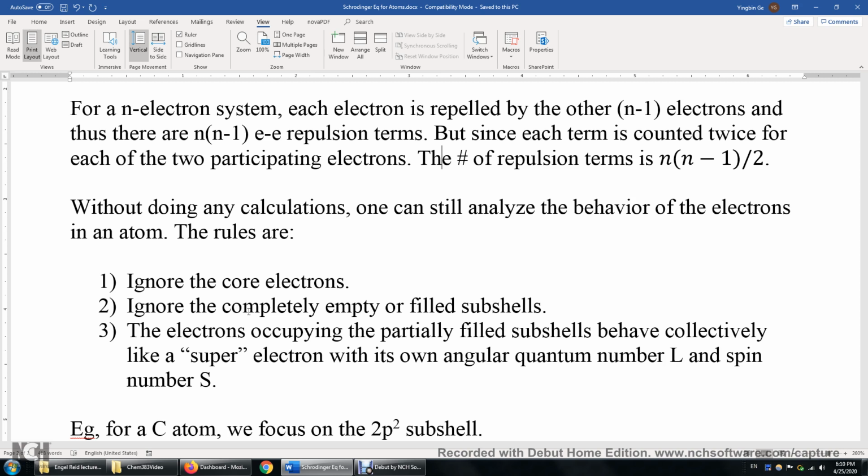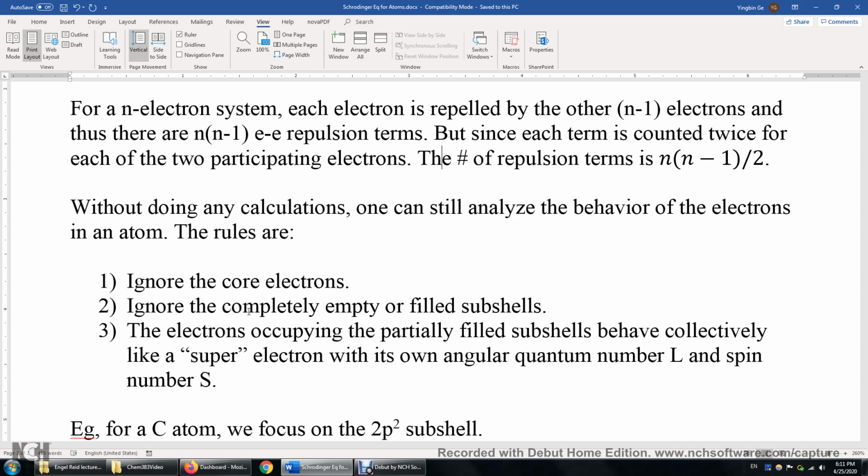So the Z component of the angular momentum also has a corresponding quantum number, m sub L. m sub L can be from negative L to positive L. So for p electrons, m sub L can be negative 1, 0, and 1. But we have 2 electrons occupying the 2p orbitals in the carbon atom.